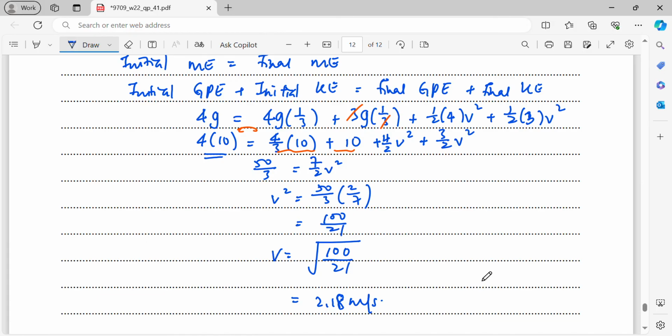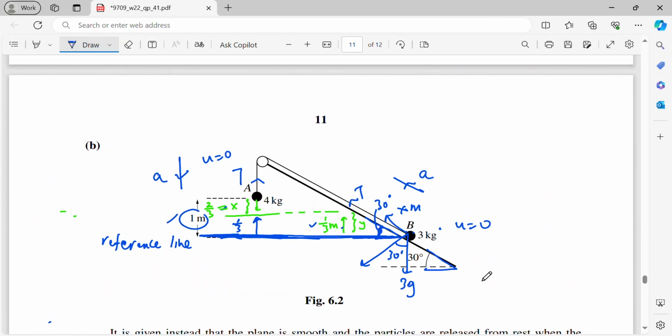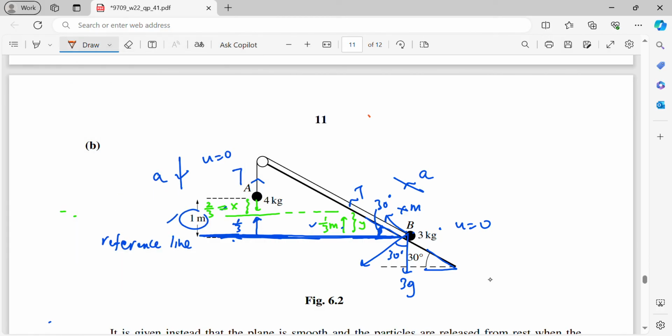Now, actually, we have another method which is using a different reference line. Here I use this as the reference line, and the second method is you can use this as your reference line.